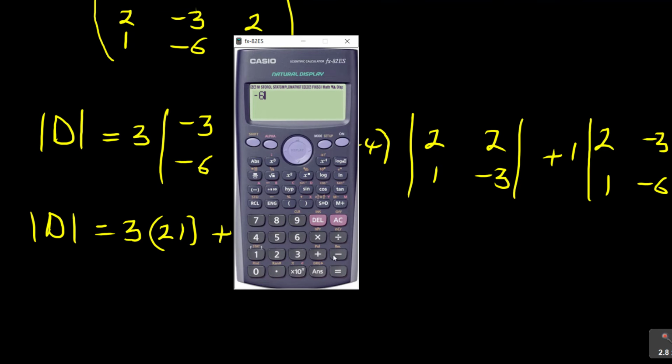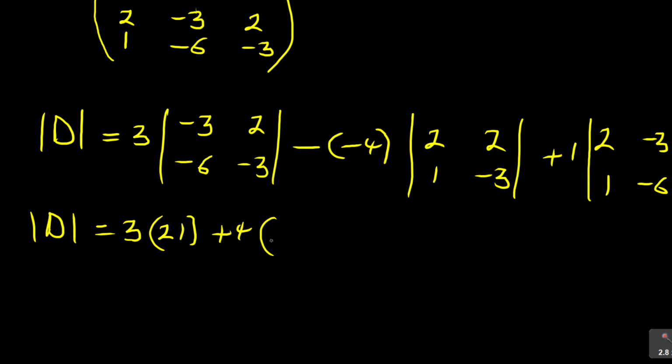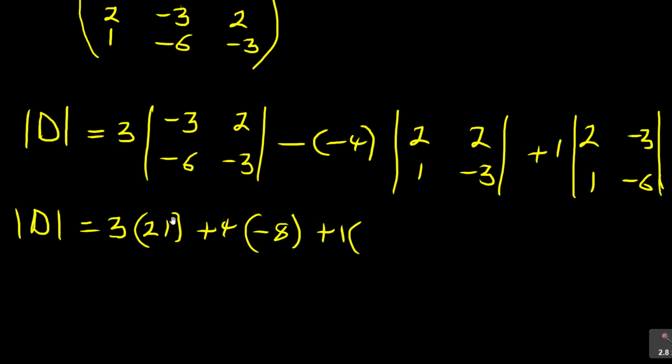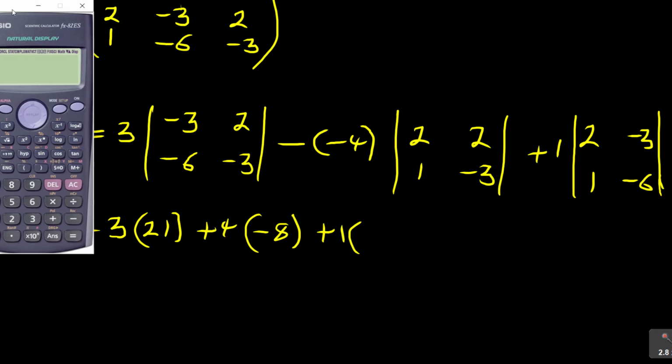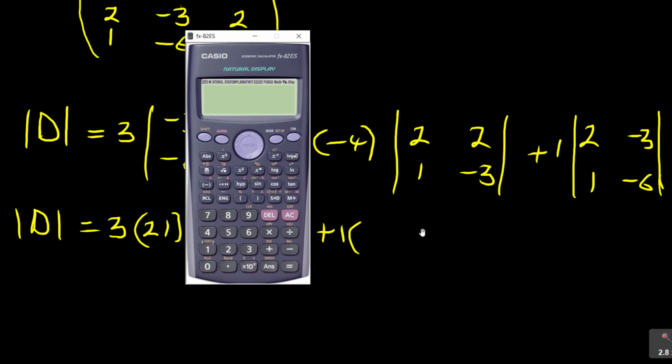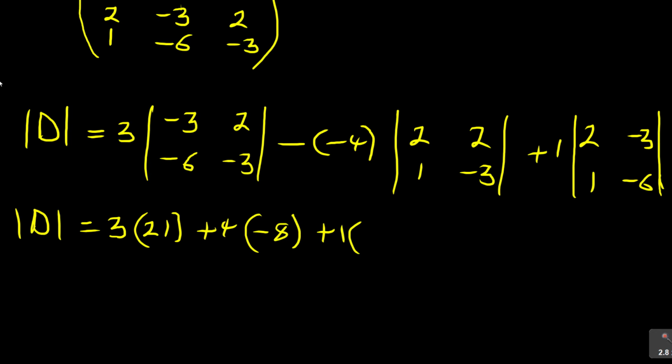And then minus 1 times 2 is 2, which is negative 8. And then plus 1, and then what will I have there? I will have 2 times negative 6, which is negative 12, and then minus 1 times negative 3 is negative 3, then it's negative 9. That's what I have there.